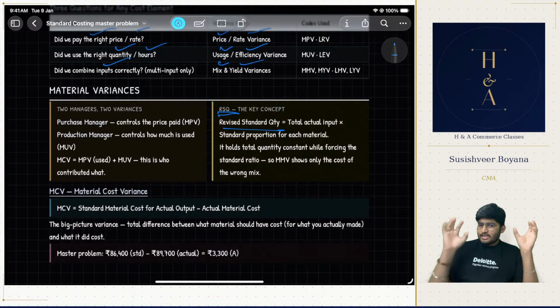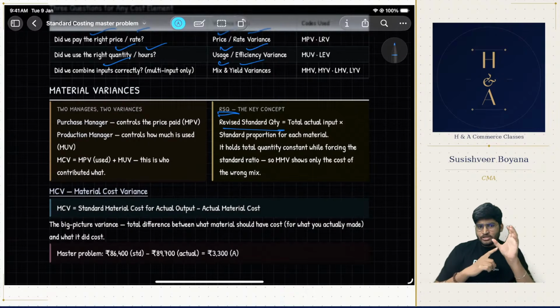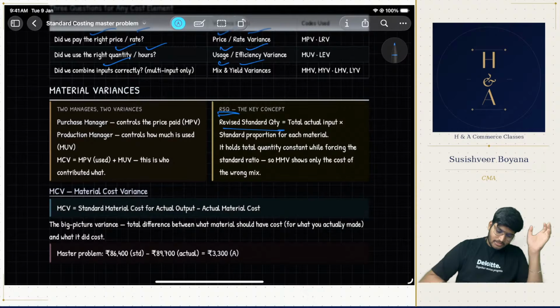So whenever we are asking about price variances, should we ask the production manager or the purchase manager? Obviously, the purchase manager. Similarly, quantity going in, the output, the differences, the mix, the yield, all should be asked of the production manager or the purchase manager? Obviously, production manager. Purchase manager controls the price. Production manager controls how much is used.